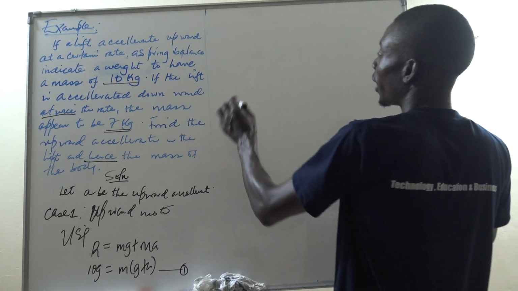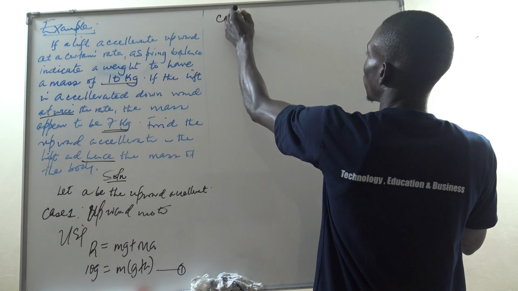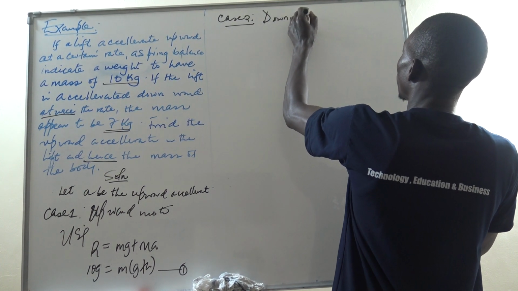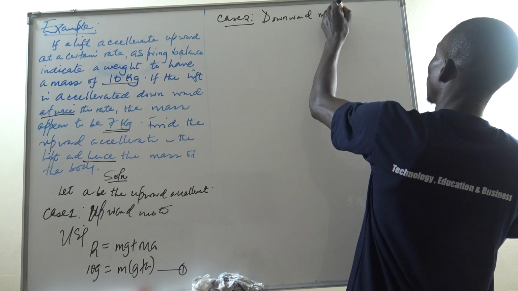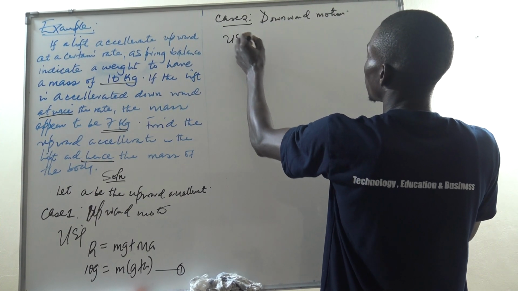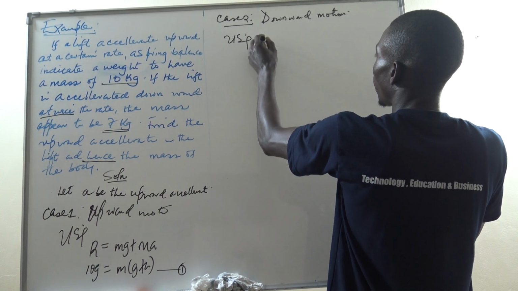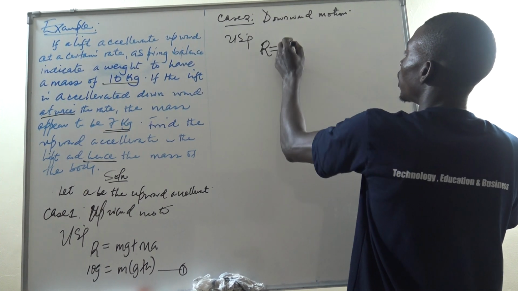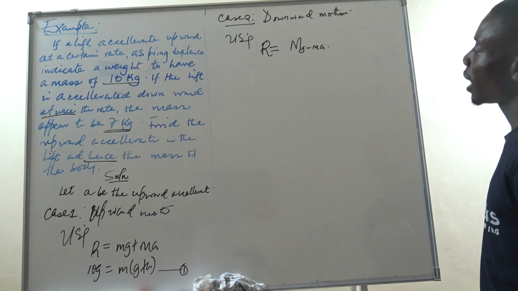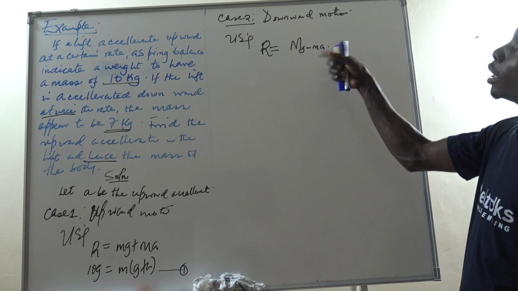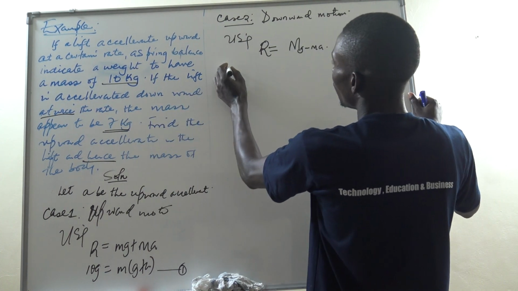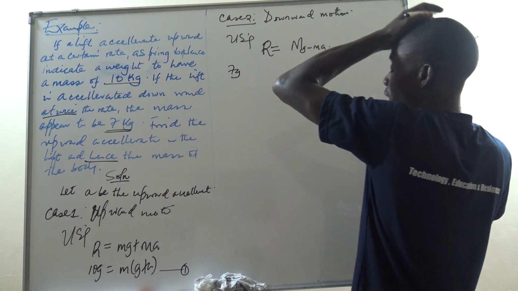And then for case 2, we are looking at downward motion. For downward motion, we use R equals mg minus ma. If you can still remember, for downward motion we subtract. And they say the mass appears to be 7 kg.